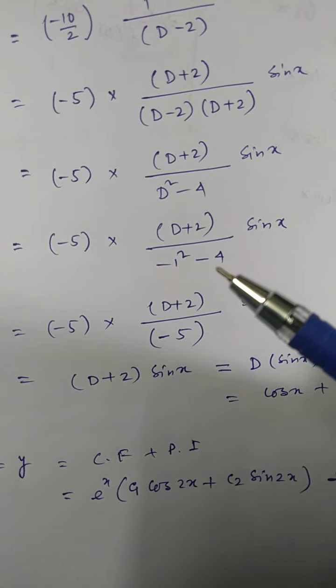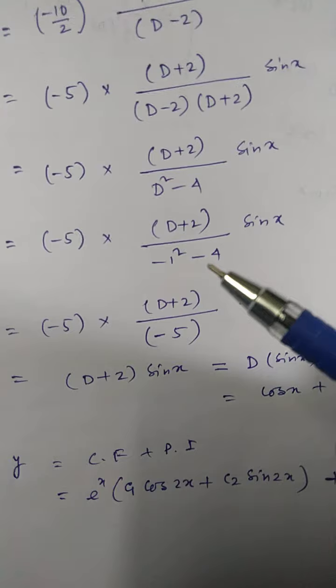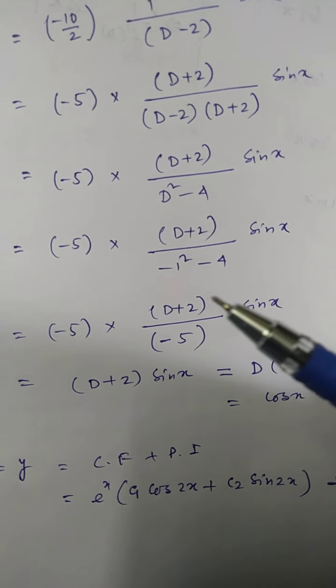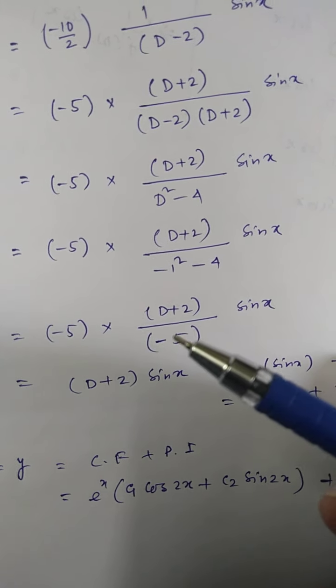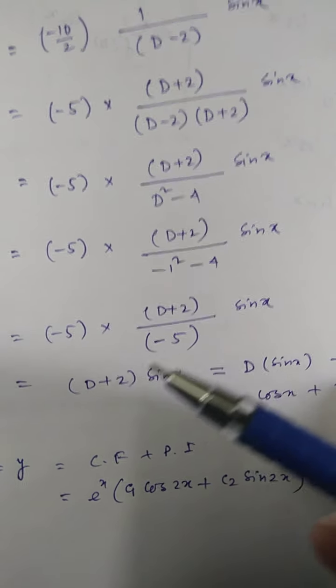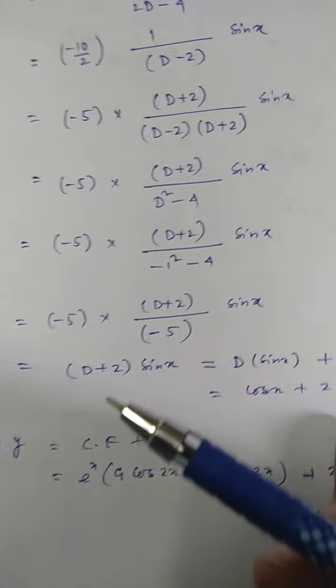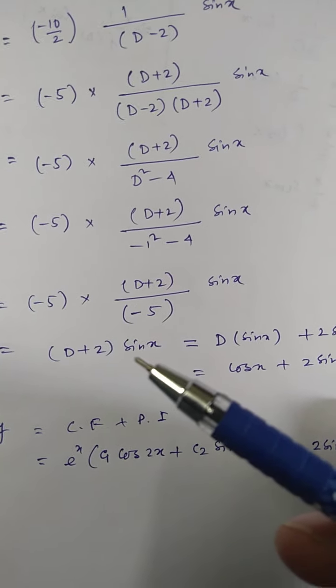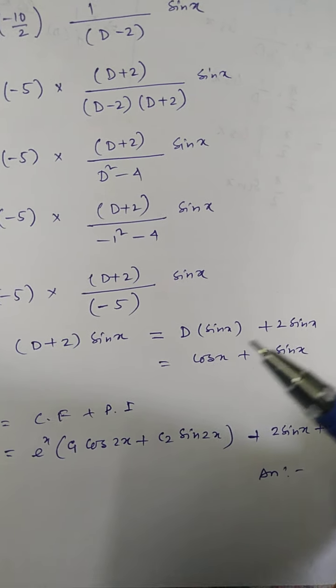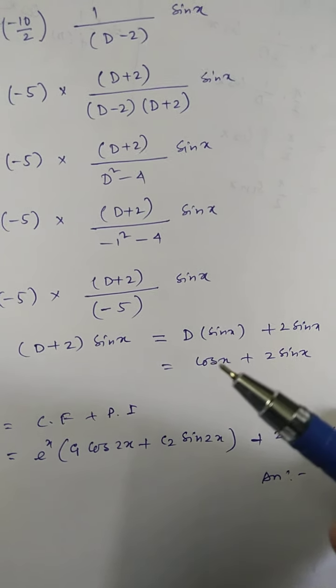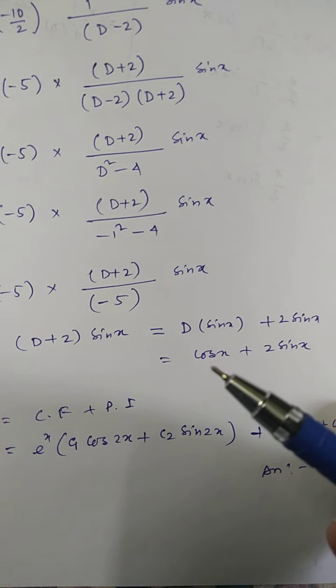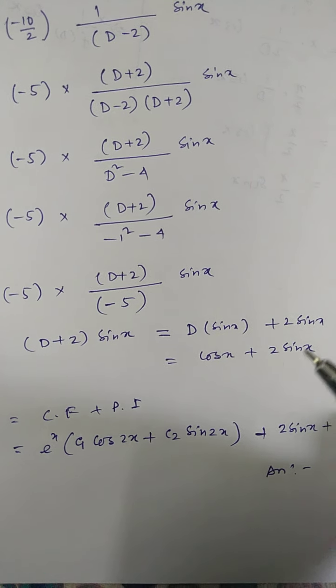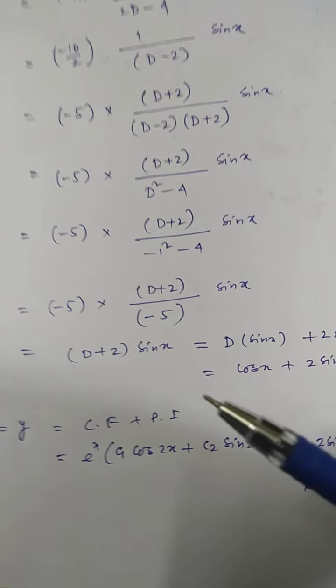Since minus 1² - 4 is not equal to 0, our result is minus 5, and we have D + 2 in the numerator. So minus 5 and minus 5 cancel out, and ultimately we get (D + 2) sin x. Now calculating, this is D of sin x plus 2 sin x. D of sin x means the derivative of sin x, that is cos x + 2 sin x. So this is our required particular integral.